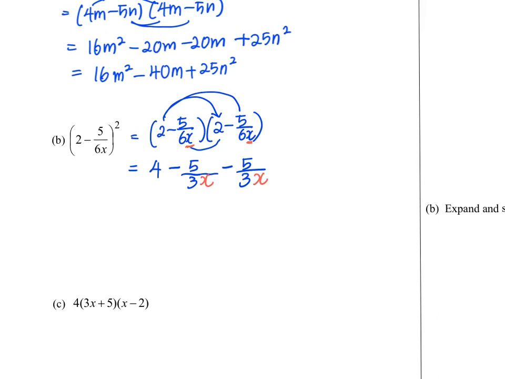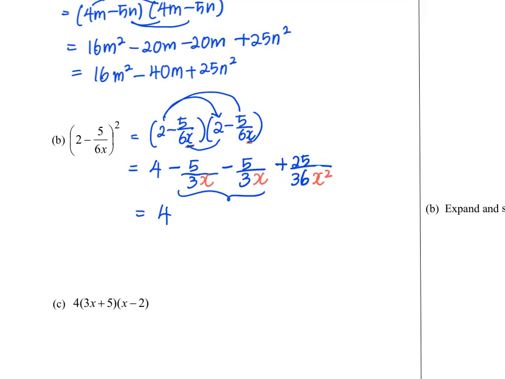And last but not least, negative times negative, positive, 5 over 6 times 5 over 6. That will give me 25 over 36. Then x times x will give me x squared in the denominator. So what are the terms that we can add up? Only these two terms over here are similar.